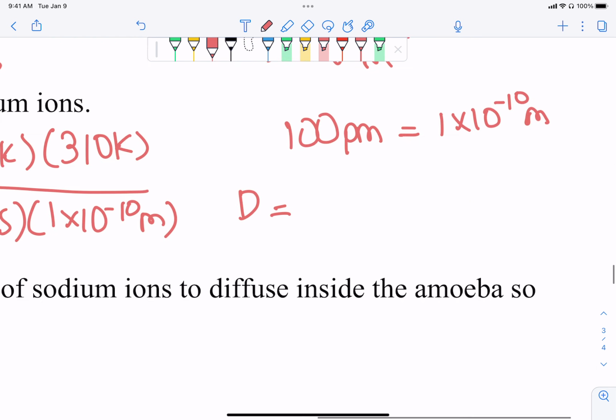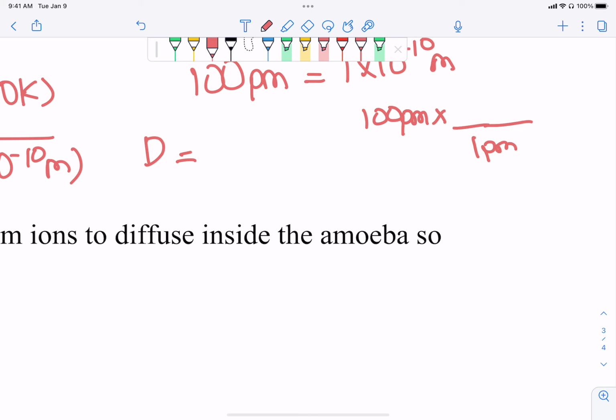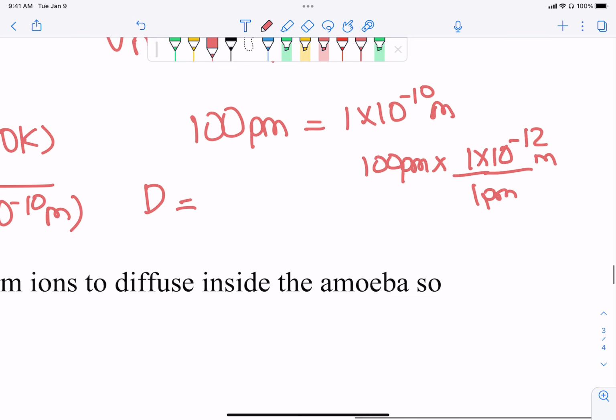So 100 picometers multiplied by 1 picometer, which is 1 times 10 to the -12 meters, gives 1 times 10 to the -10 meters.